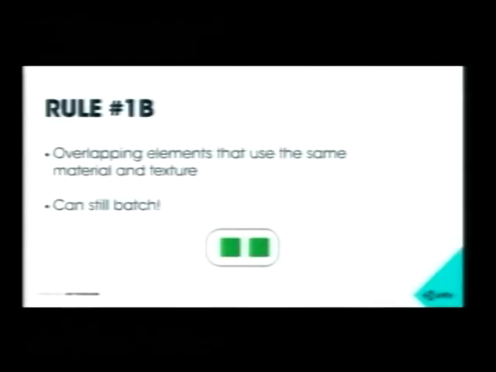To extend from this rule, overlapping elements that use the same material and texture can still batch together. This is because when we specify the vertices to the graphics card, we specify them in the correct order to render in a back-to-front manner.